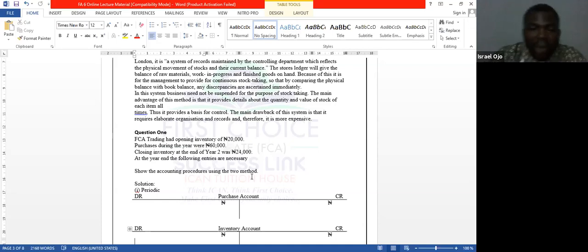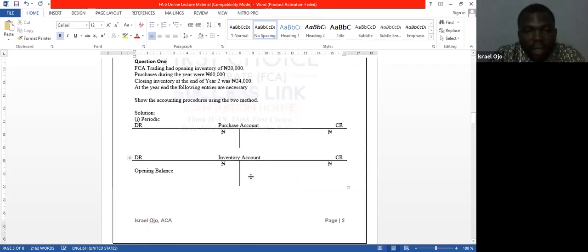So it means that our opening balance of inventory we will find under the debit side. So we have the opening balance to be 20,000.